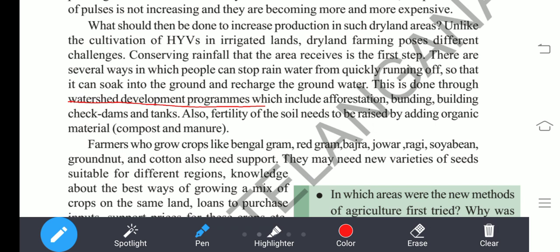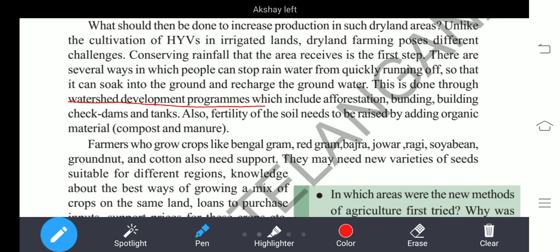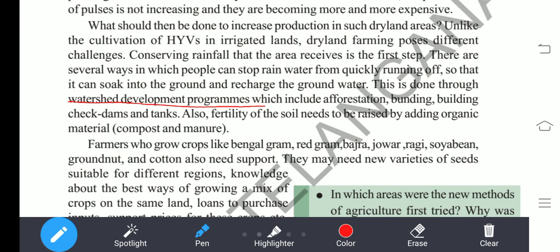Watershed development programs will help in conserving the rainfall and increasing the groundwater and also recharging the groundwater. Understand? So what are the programs under watershed development?